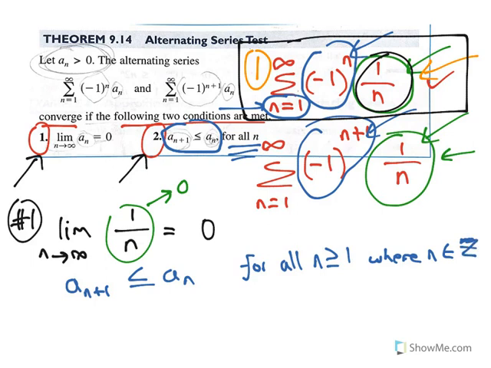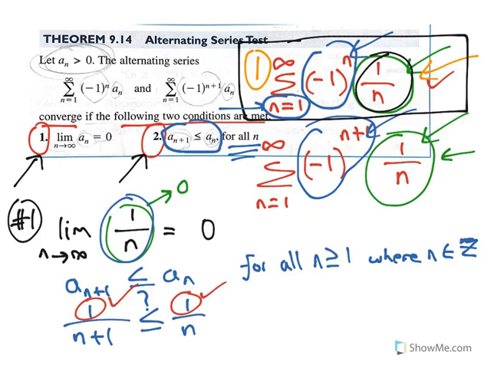So how do we show that? Well, you just look at the nth term, which is 1 over n. So you should have 1 over n here. And then the n plus 1th term would simply be 1 over n plus 1. And is this relationship true? Well, we know that if we have two fractions and the numerators are the same, we can look to the denominators to see which one is going to be smaller and which one's going to be larger.